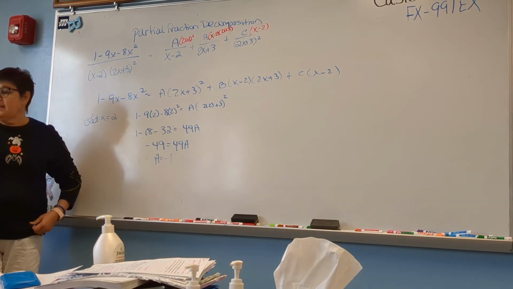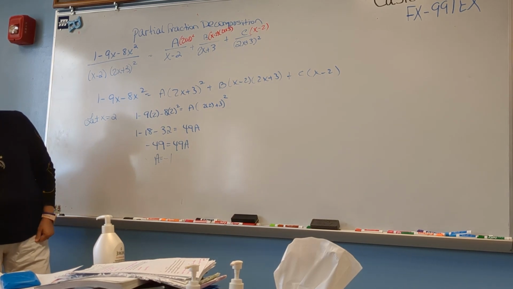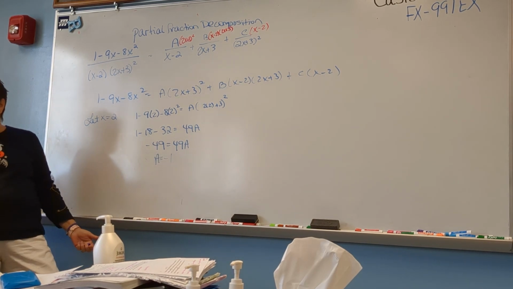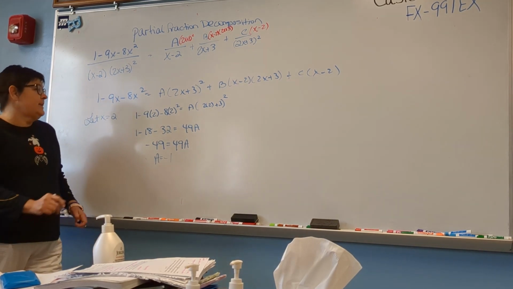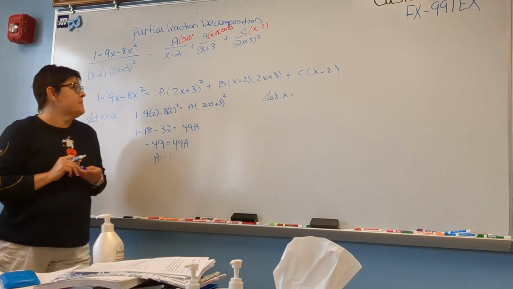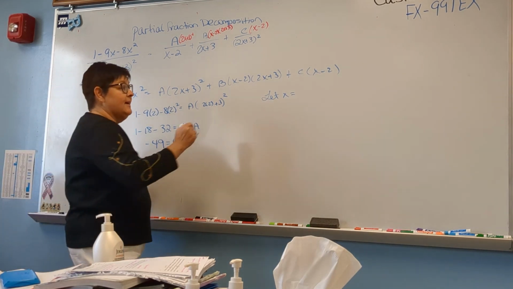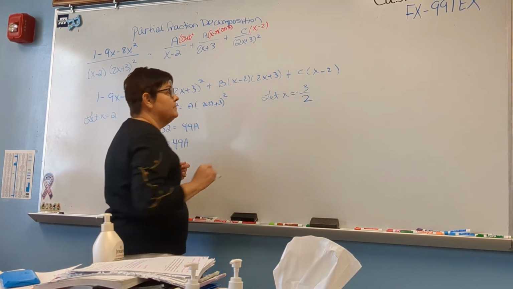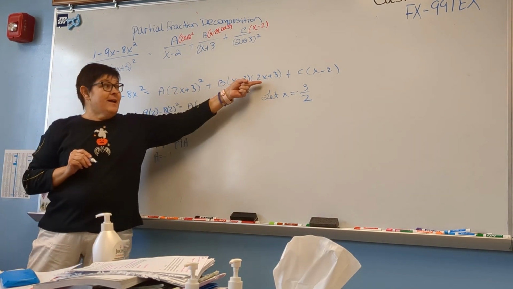Do we feel okay about that? Are you guys feeling okay? I haven't really scared anyone yet, right? Okay. So now, what do I let x be now? Negative 3 halves. How did you get that? You set this guy equal to 0 and solve, and it takes care of that guy as well.